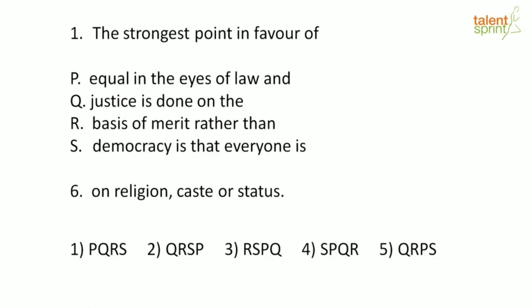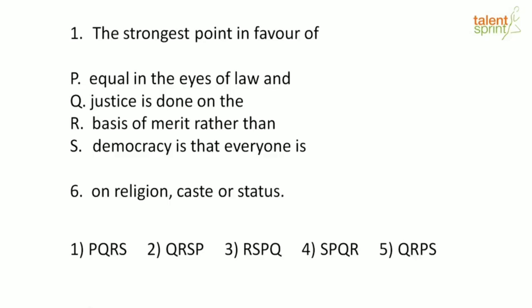So is that everyone is equal in the eyes of law, and you can automatically connect and create the remainder of the sentence. And justice is done on the basis of merit rather than on religion, caste or status. So here we go. Again, we've applied the strategy of identifying the subject; the who or what question points you to the subject, right?